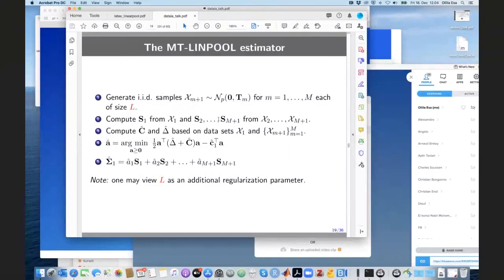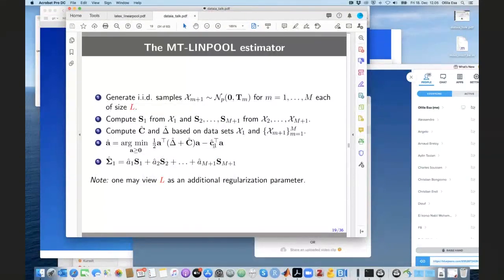And once we have these sample covariance matrices, we can just use the LINPOOL estimator that I described to you earlier, and compute those weights as if all these different sample covariance matrices were coming from independent populations. In that case, you can assume that the weight vectors that we compute are minimizing the mean squared error of the case where the data are independent between the classes.